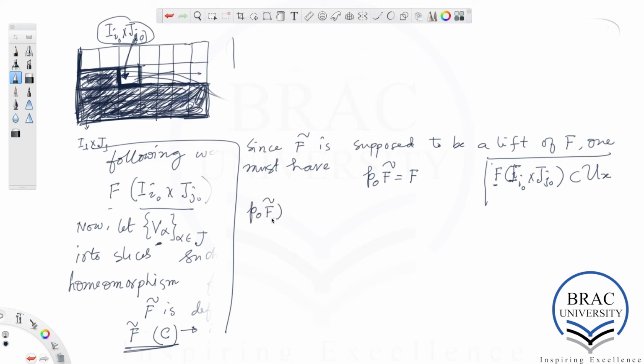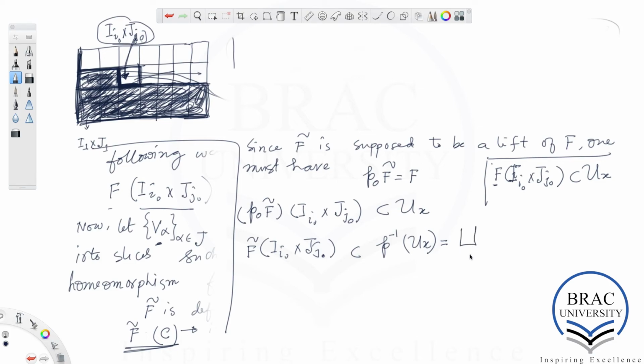So P composed with f tilde of I sub I0 cross J sub J0 is contained in U sub X. Okay, good. So one immediately obtains that f tilde of I sub I0 cross J sub J0 is contained in the inverse image of U sub X under P. And from the definition of covering map, it can be written down as this disjoint union of slices, which are open sets in the covering space.